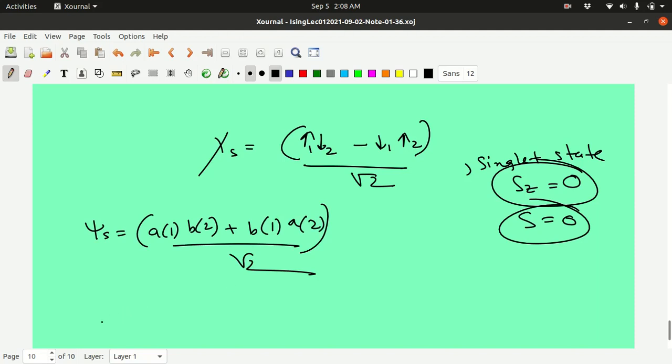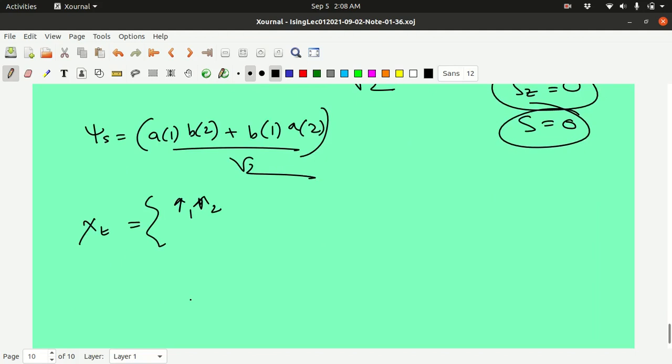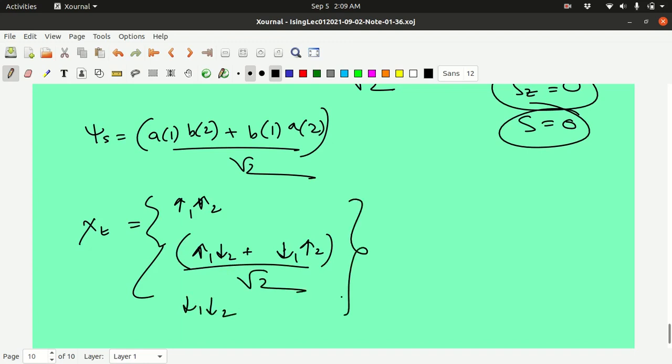On the other hand, the triplet state can be up 1 up 2, meaning both are up, then up 1 down 2 plus down 1 up 2 divided by square root of 2, and also both down. These are all three possibilities for the symmetric case.